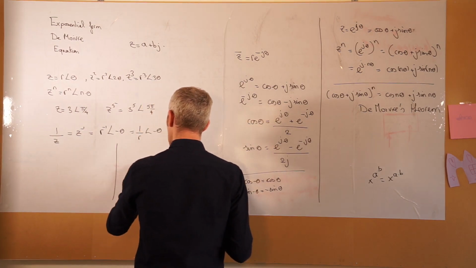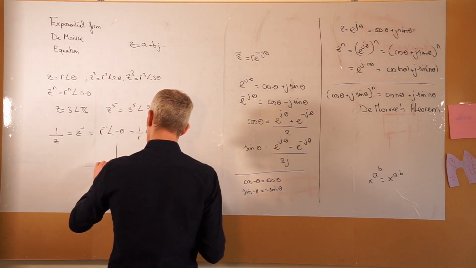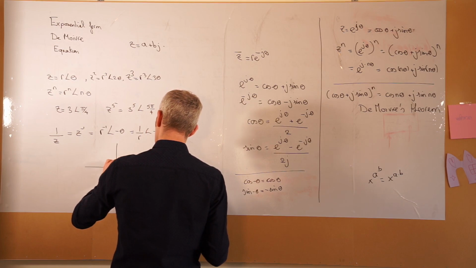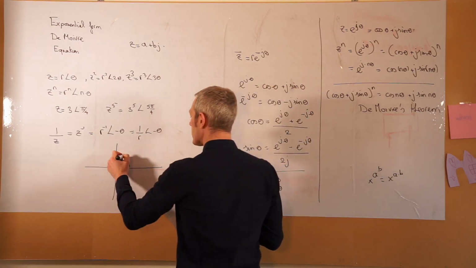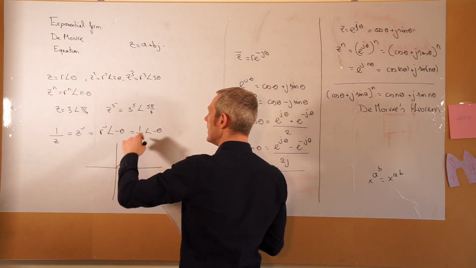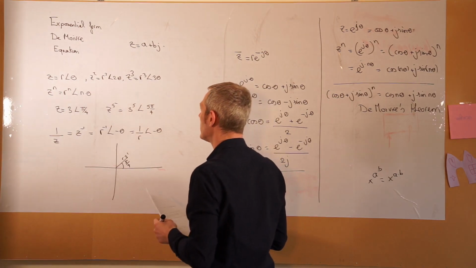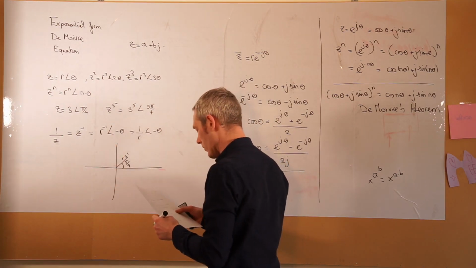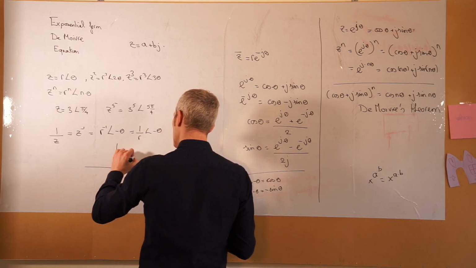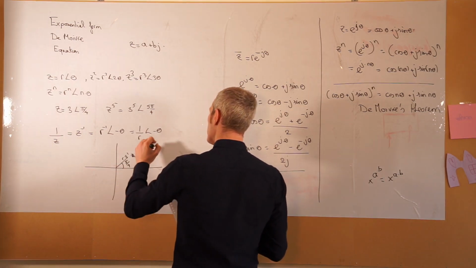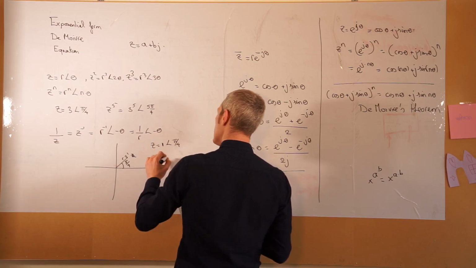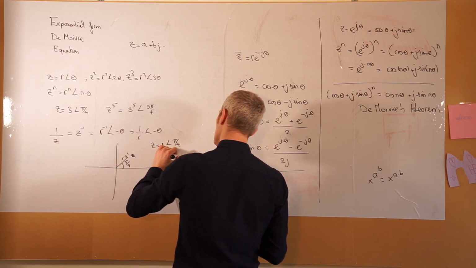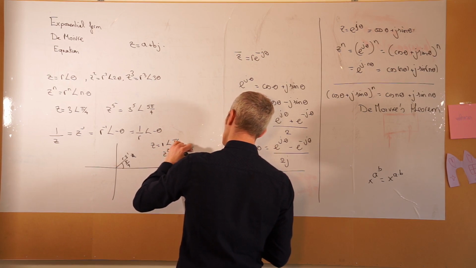If we have a complex number with angle pi over 4, and I'm going to take the modulus equal to 1, otherwise higher powers will grow too big for my drawing. If I now have z is equal to that, z is 1 with angle pi over 4, then z squared is 1 with angle pi over 2.